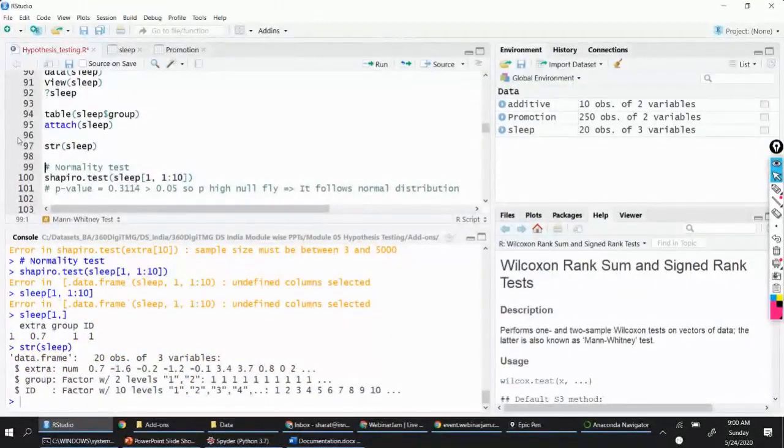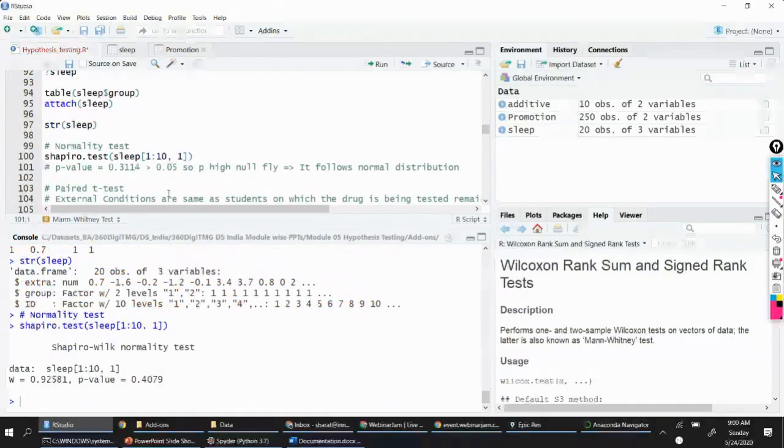Number factor ID. All right. So I'm taking it basically the wrong way. My bad. Yeah. So first 10 rows, first column.